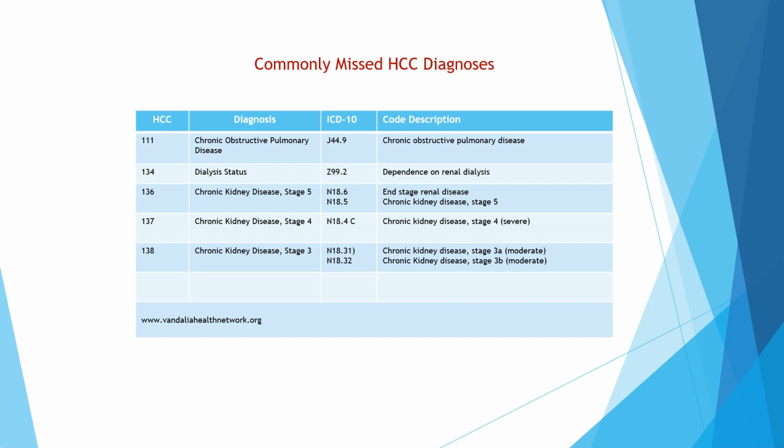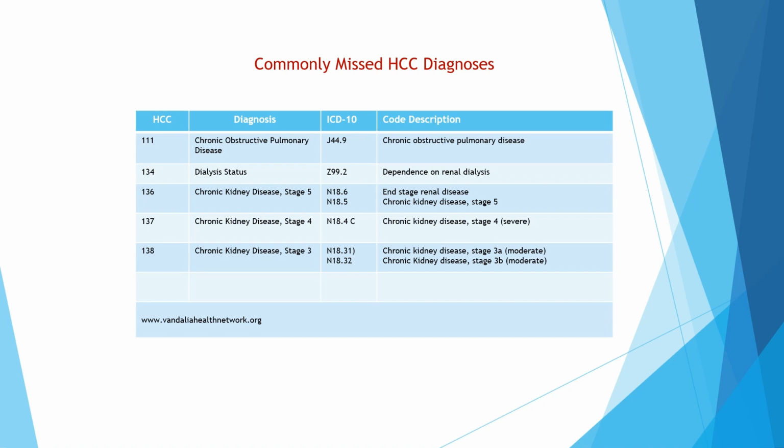Diagnosis is chronic kidney disease, stage 3. ICD-10 and code descriptions are N18.31, chronic kidney disease, stage 3A, moderate. N18.32, chronic kidney disease, stage 3B, moderate.